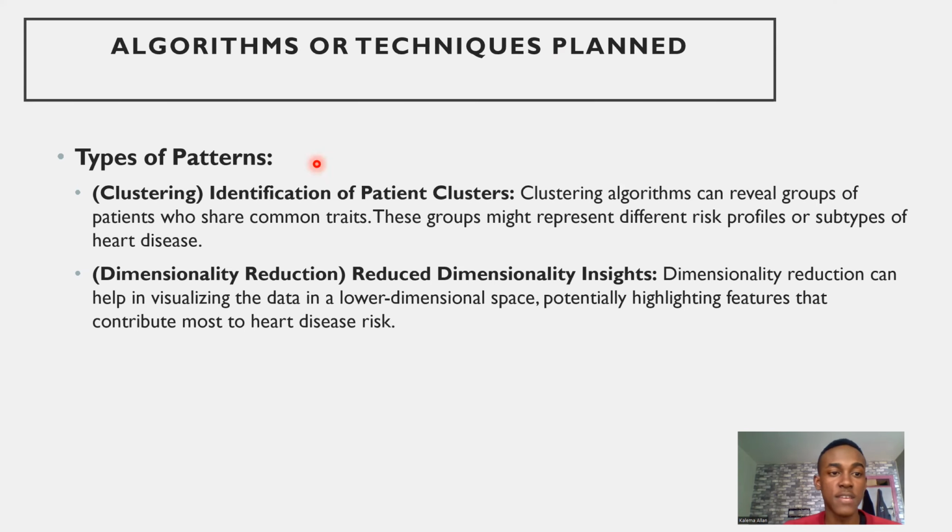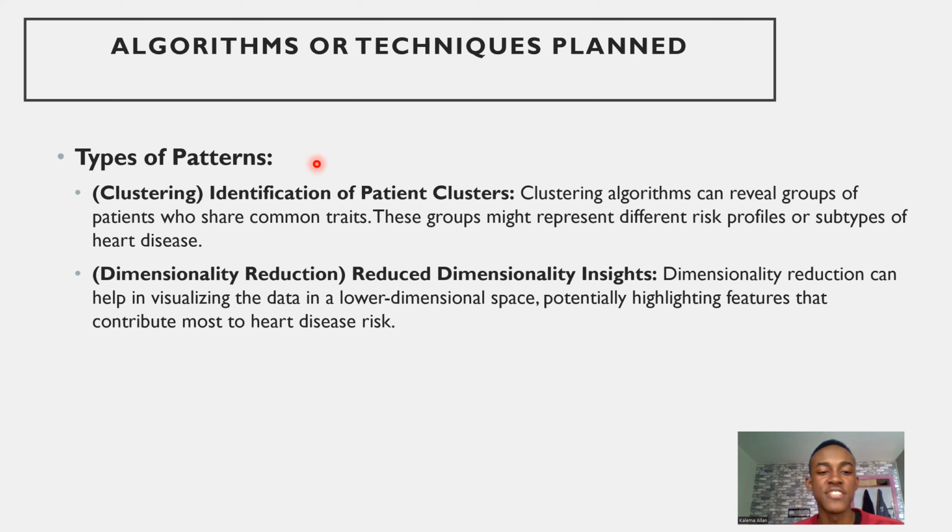Remember the types of algorithms in unsupervised learning. We have clustering. Under clustering, there is identification of patient clusters. Clustering algorithms can reveal groups of patients who share common traits. Remember, it's categorizing data based on certain traits without formal organization. These groups may represent different risk profiles or subtypes of heart disease.